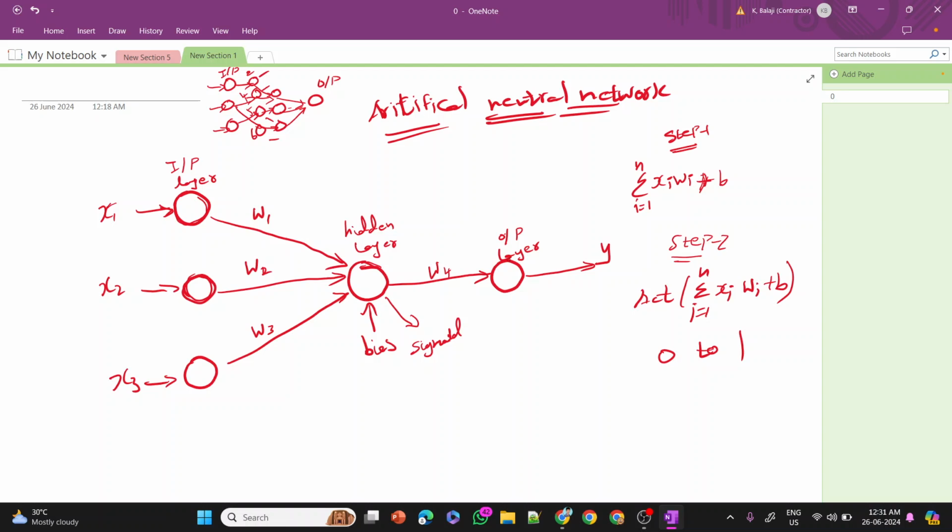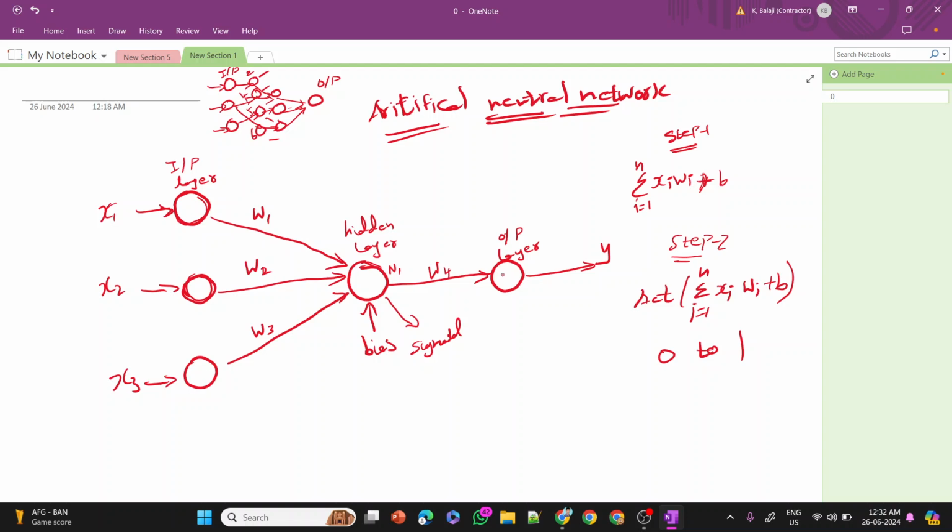Here I only use one hidden layer, so the next is the output layer. For example, this neuron is giving an output of n1. This n1 and w4 are multiplied together and given to the output.